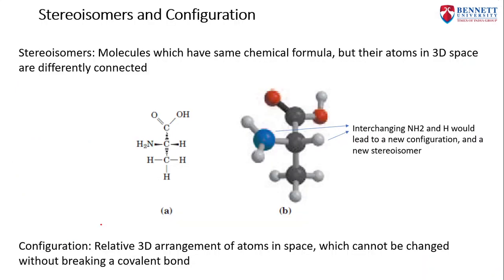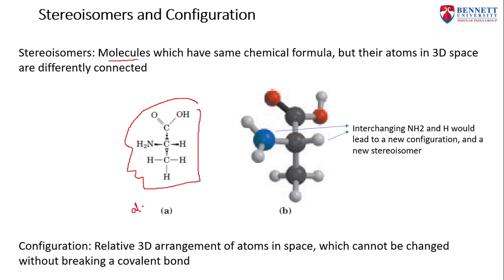Let's discuss stereoisomerization, which is of our interest, in more detail. Stereoisomerization, as I mentioned, is among molecules that have identical chemical formula, but the atoms in 3D space are differently connected. This particular one is an example of an amino acid. You should know your structures from memorization.